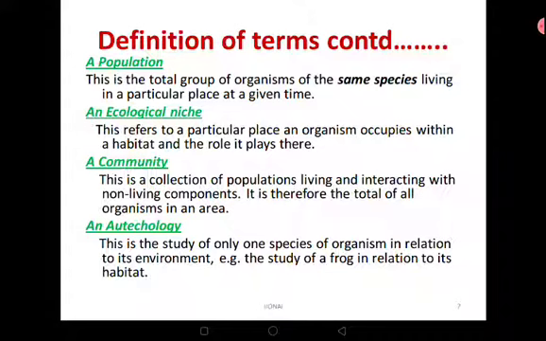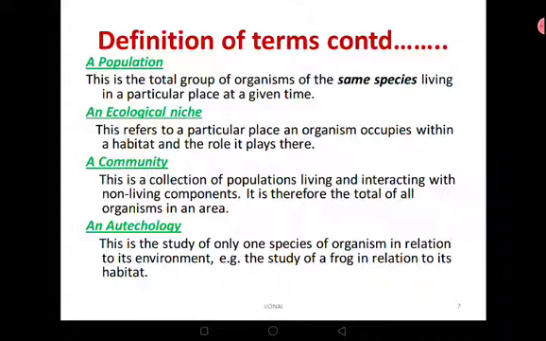So a community involves many organisms of different species interacting with their non-living environment. For example, you can have a school community. It involves the students and the teachers, those are human beings, but also the plants which are there, and insects and other organisms that may be around the school compound. That one becomes a school community.